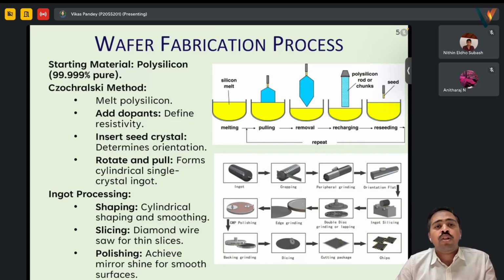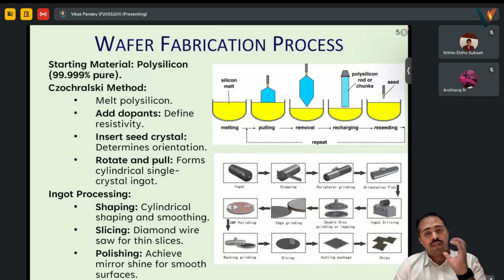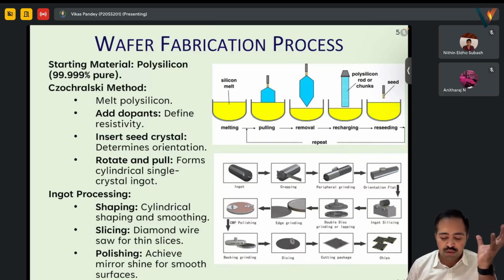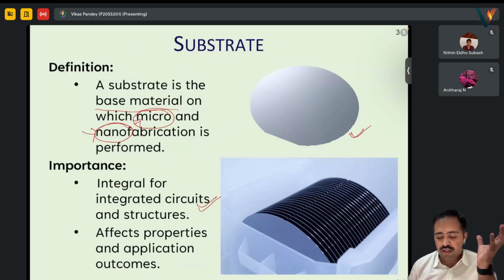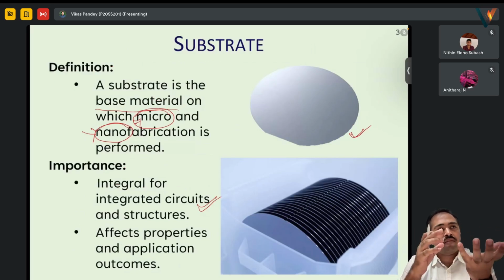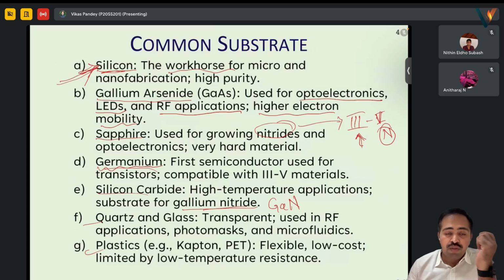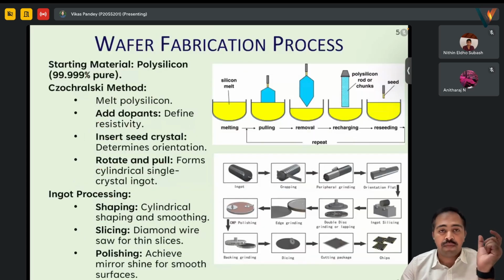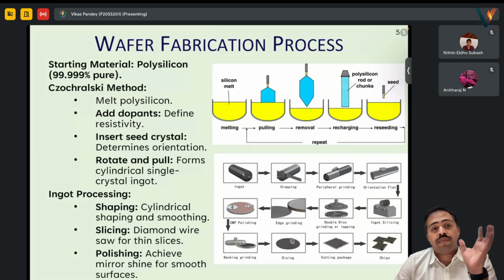So how is this wafer made, the one I showed? Wafer means a very thin slice. So how is this wafer, this silicon substrate, being made? It is made from the starting material called polysilicon.